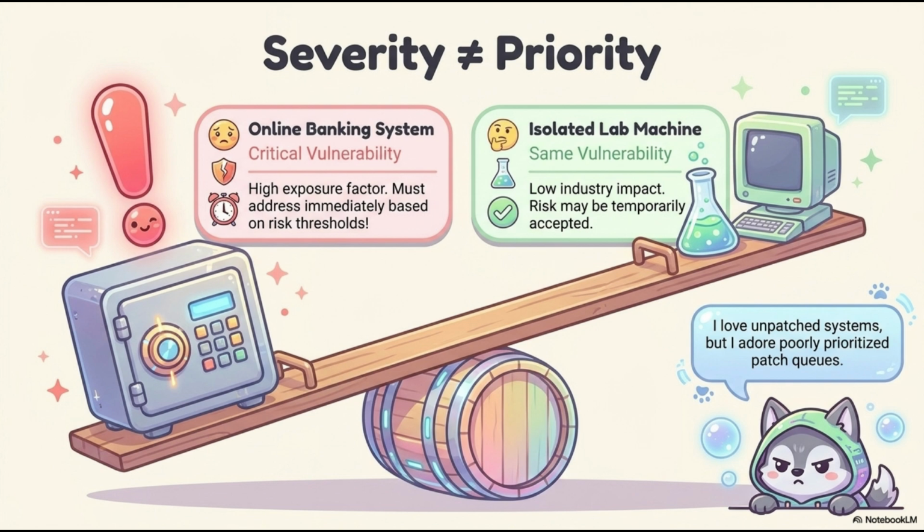Risk thresholds determine which vulnerabilities must be addressed immediately and which may be temporarily accepted. They also consider the exposure factor to quantify potential asset loss if a vulnerability is exploited. The wolf loves unpatched systems, but he adores poorly prioritized patch queues even more.